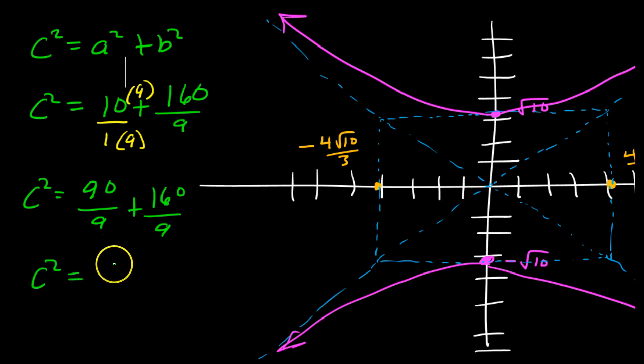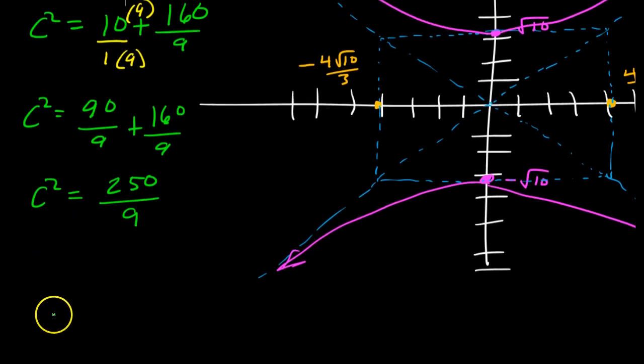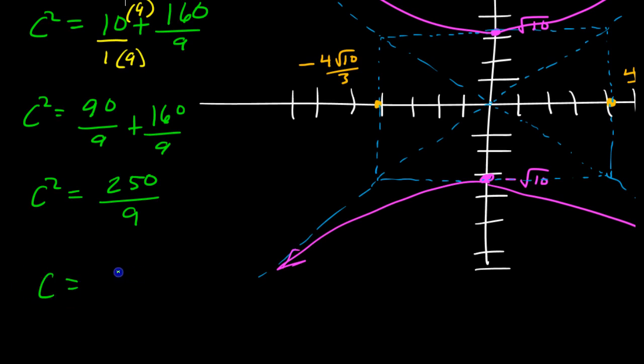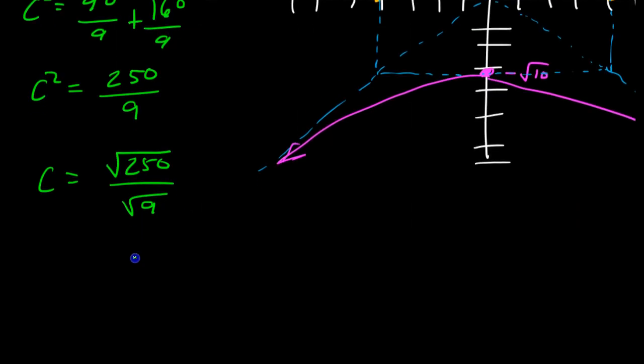So this is going to be 250 over 9. So that's c squared. But I need the c value. So that means that c is going to equal the square root of all this. So I'm going to do the square root of 250 over the square root of 9. I'm taking the square root of both.